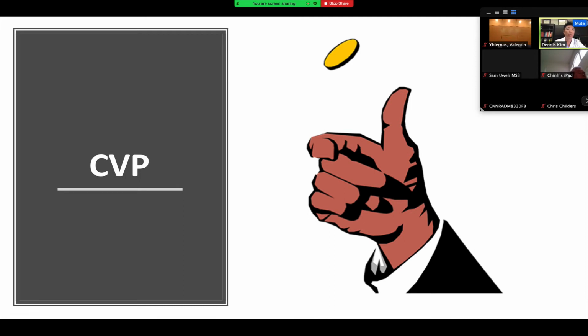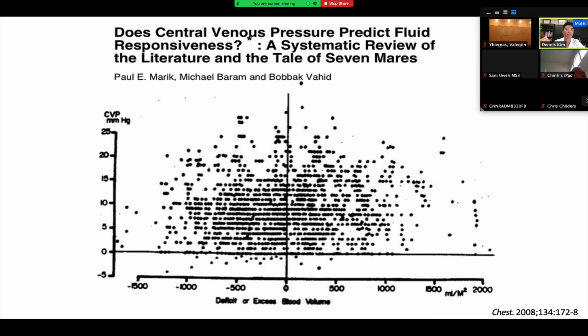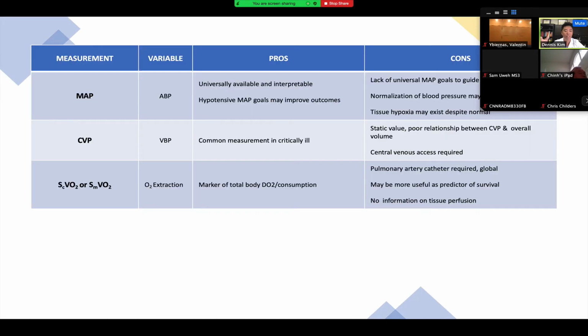We now know that the ability of CVP to determine fluid responsiveness is 50-50. It's really a coin flip. And so very rarely do we use CVP in the management of critically ill patients. I think it still has a role in patients maybe with right heart failure and in demonstrating elevated right-sided filling pressures. But in terms of its ability to determine fluid responsiveness, it's really gone by the wayside.